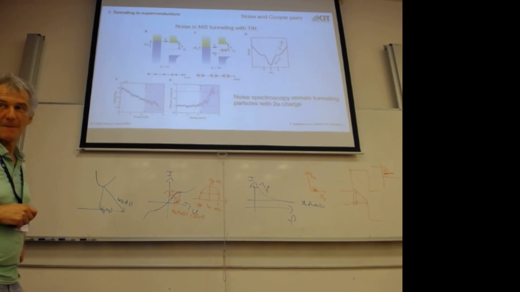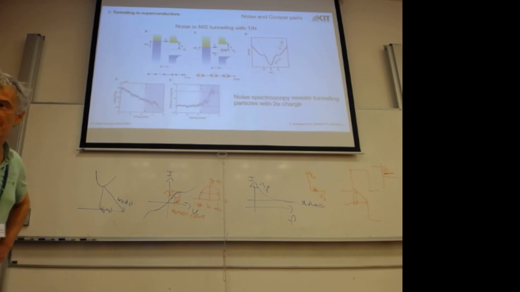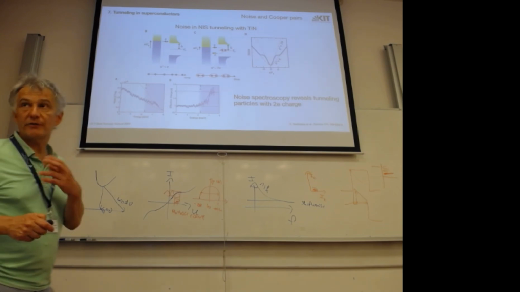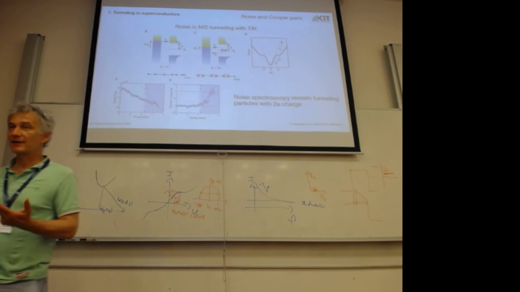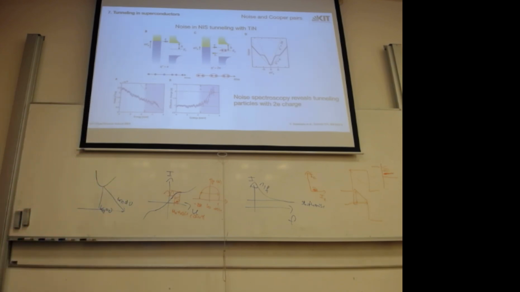It must be somewhere close to the gap. It starts even at half the gap. So this is an infinitely sharp BCS superconductor. In the real world, this has a lifetime, so it's broadened. So there's a region where you have Cooper pair tunneling and single particle tunneling at the same time.